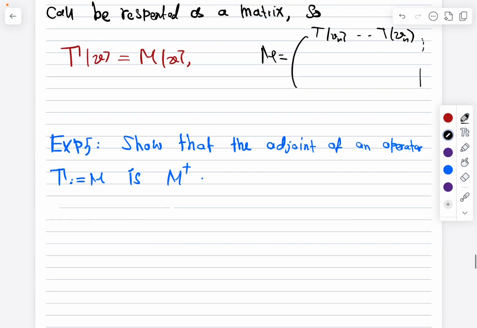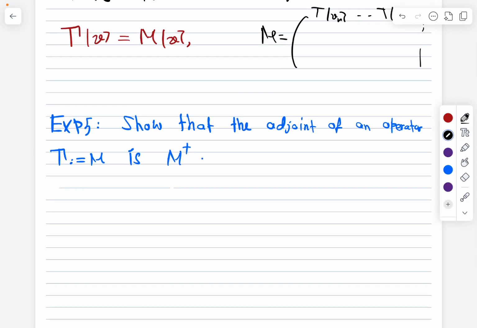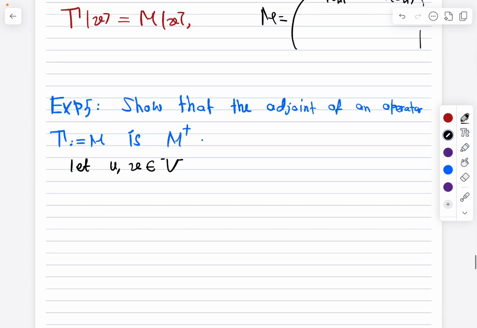So let's show it. It's very simple. Let's start. Let u and v be any vectors in my vector space, and let me write what this quantity is. We know that it is equal to the matrix M applied to v, with u. Or let me flip it just to follow the notation. This is v and this is u, right?